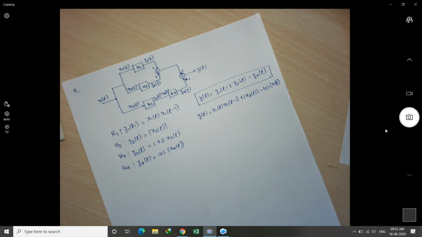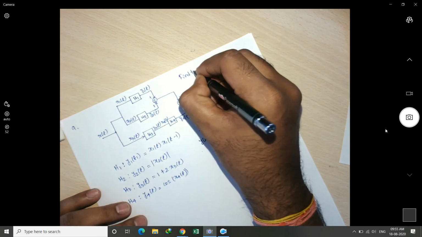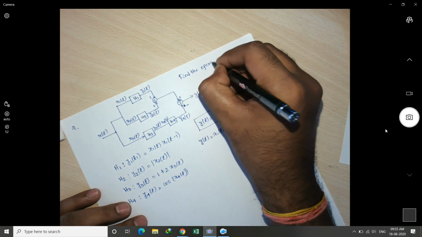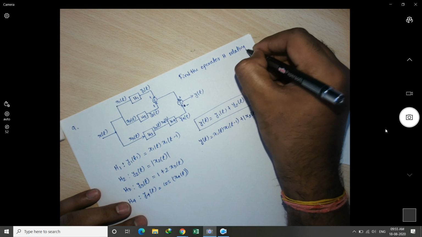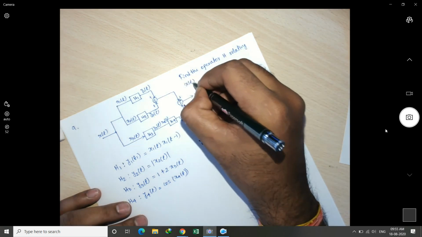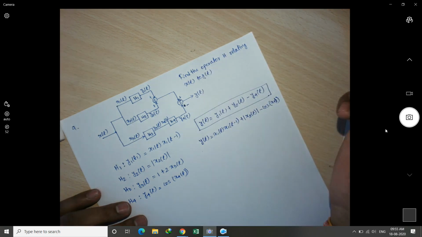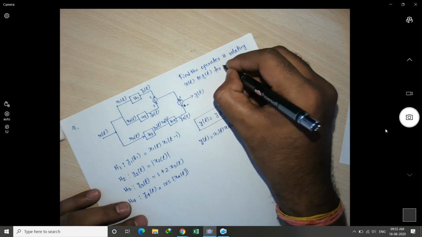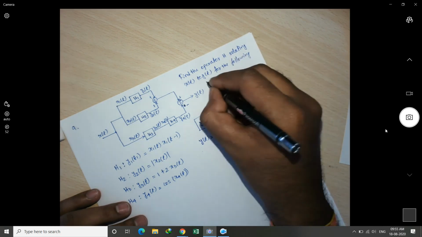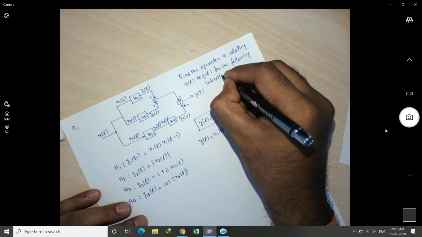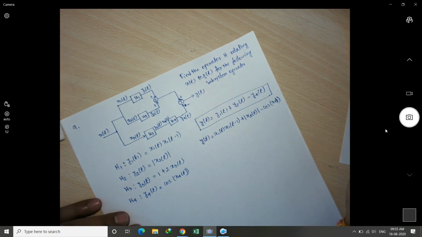So they are asking to find the operator H relating xt to yt for the following subsystem operators. Which are those following?